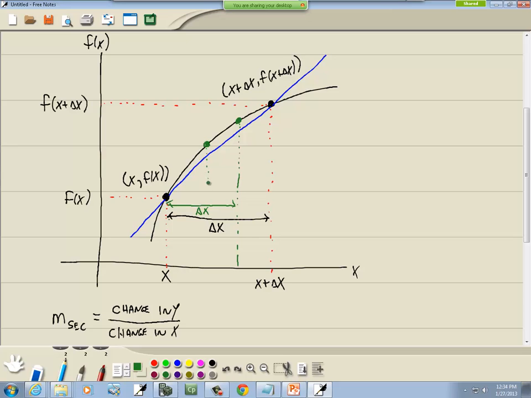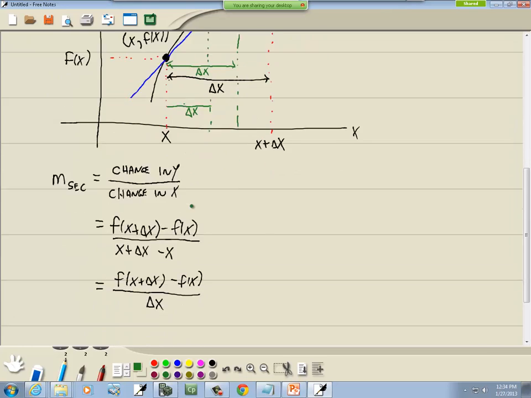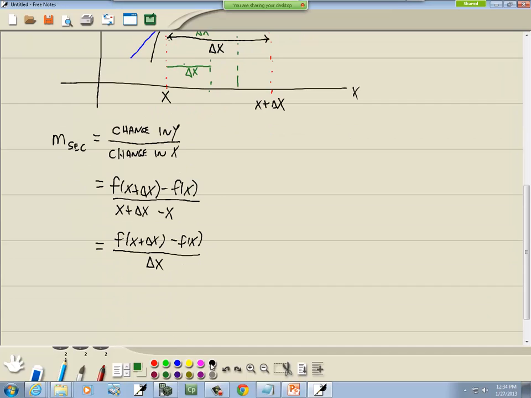As I move it down to here, then this delta x is going to be smaller. So delta x, as I move this point closer and closer down, is going to get smaller and smaller. Eventually, as I move it closer and closer down, the secant line will become the tangent line. And that leads into this next formula.